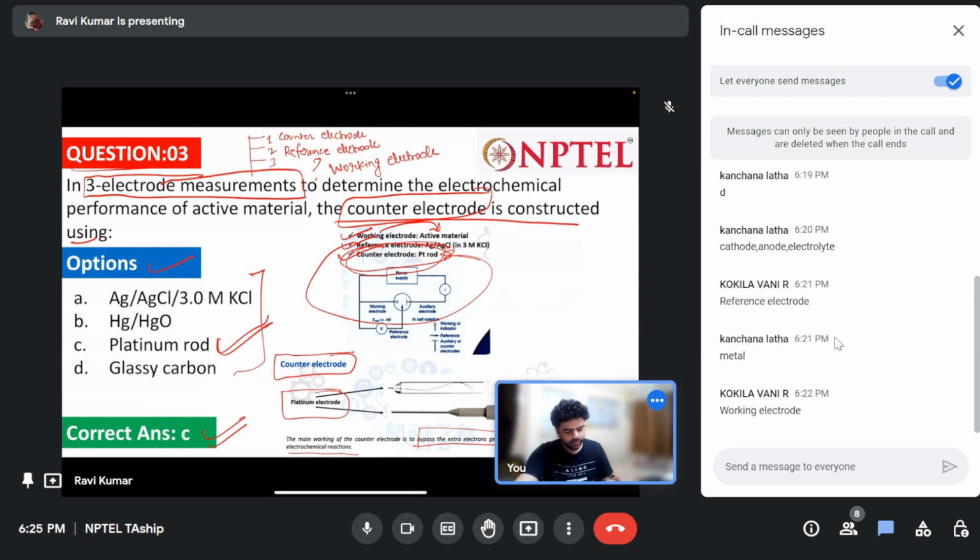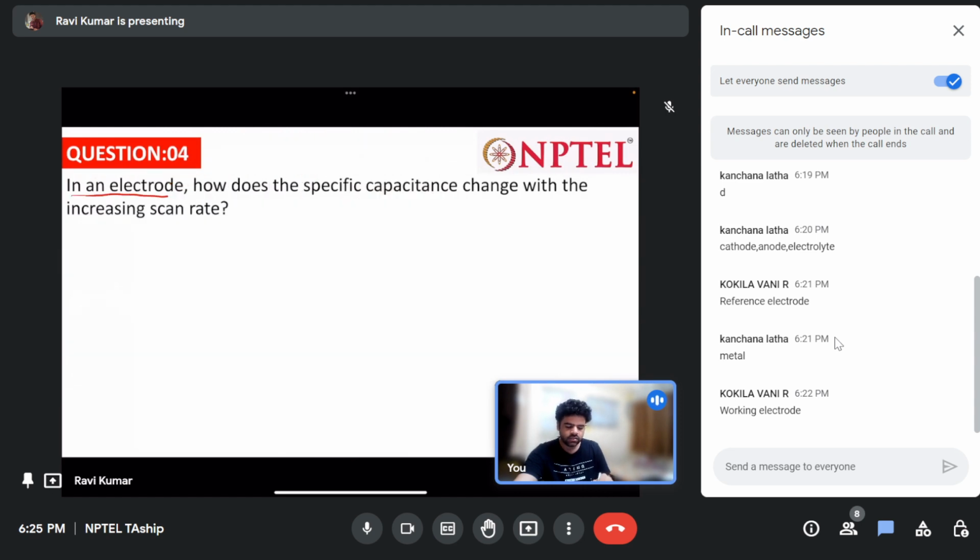Okay, fine. Let's move to the next question, which says, in an electrode, how does the specific capacitance change with the increasing scan rate? Very simple question. It is asking whether the value of specific capacitance with an increase in the scan rate will increase, decrease, remain equal, or not be affected.